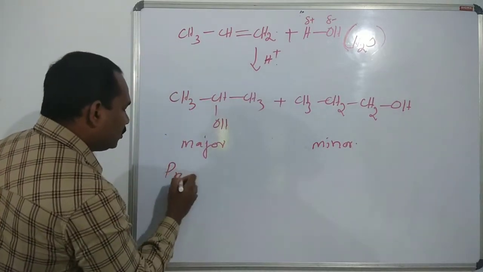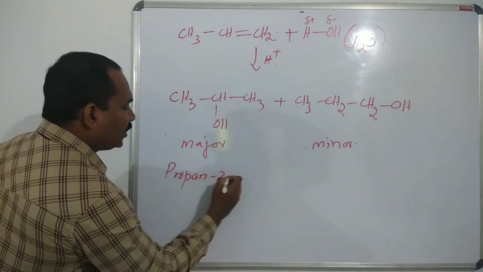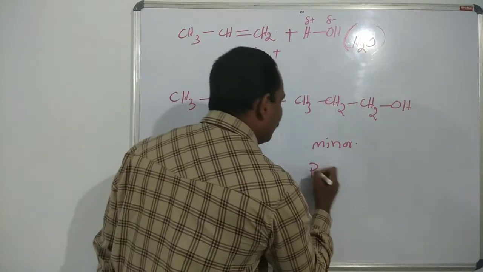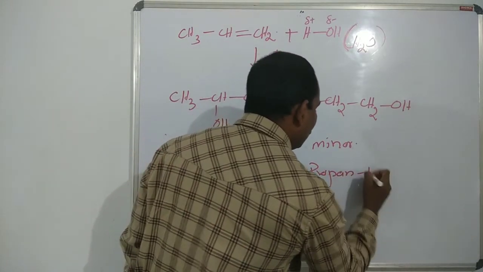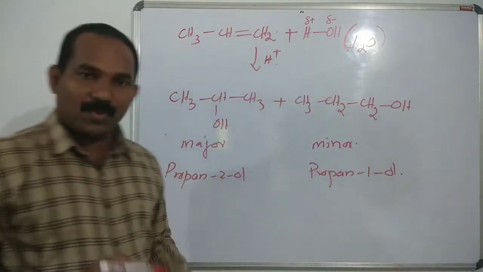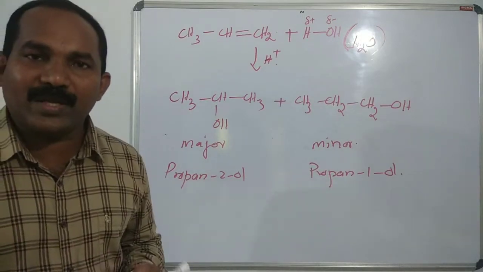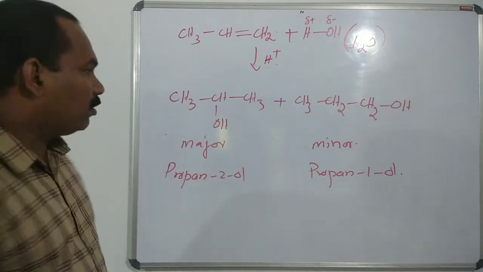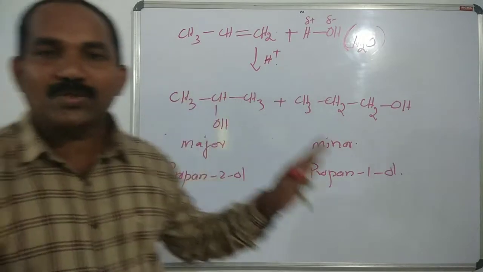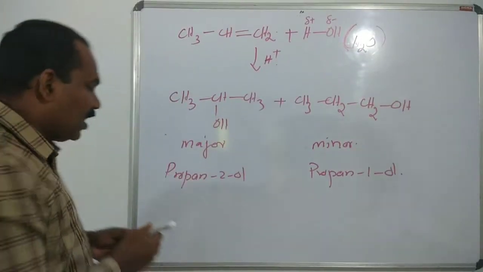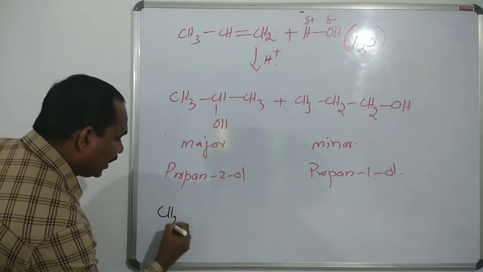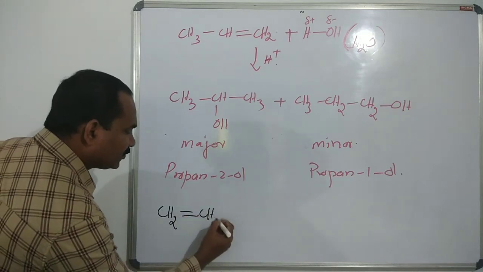Propan-2-ol as well as propan-1-ol. So this is also according to the Markovnikov addition. And in the case of a symmetrical alkene, only one product is formed.